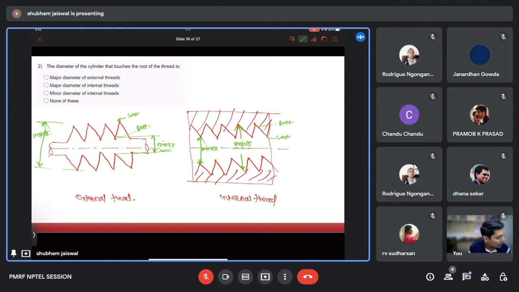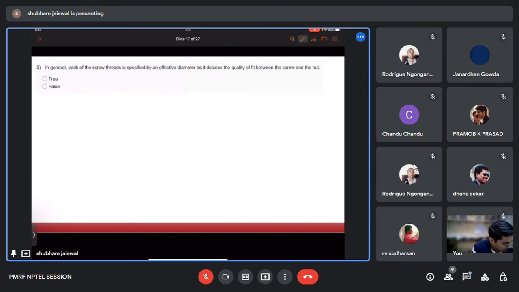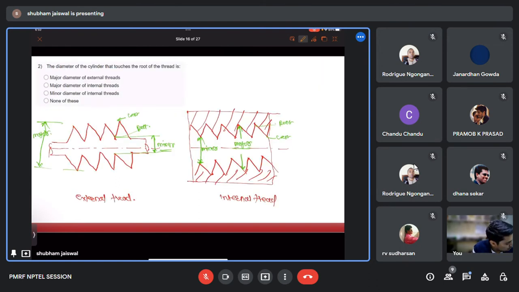Okay. When I take a cylinder and that touches the root of the thread, okay.